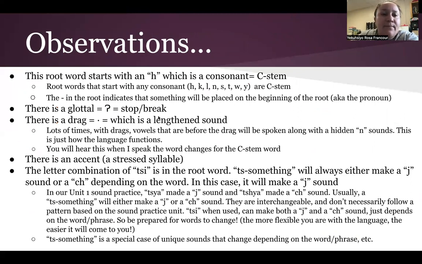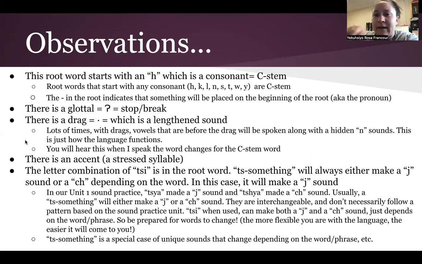There's a glottal stop in this. It means that it is a stop or a break. There's also a drag. It's just a lengthened sound. These are strictly for pronunciation purposes. So lots of times with drags, vowels that are before the drag will be spoken sometimes with a hidden N sound. So when I say hunji, you kind of hear like an N in there.